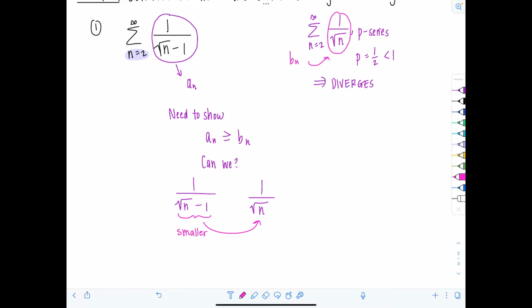And since the denominator is smaller, I know this overall expression is going to be larger than 1 over rad n. Think about how fractions work. Which one's bigger, 1/2 or 1/3? The one with the smaller denominator, 1/2. Okay. Now that we got that out of the way, did we show the desired inequality? Yep, we sure did. So then we're done.